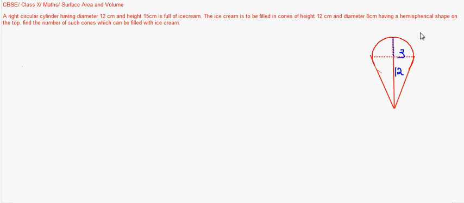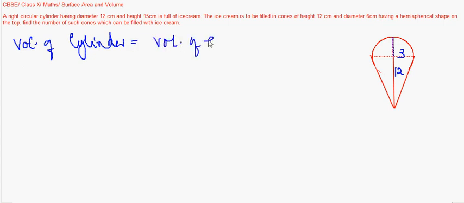What we need to see is that the volume of the right circular cylinder, which has the ice cream in it, should be equal to the total ice cream which is given into a certain number of cones. So we see the solution as volume of the cylinder should be equal to volume of each cone ice cream multiplied by number of such cones.